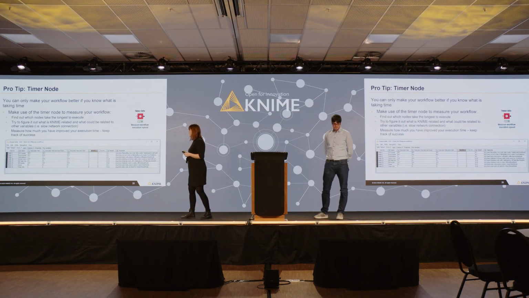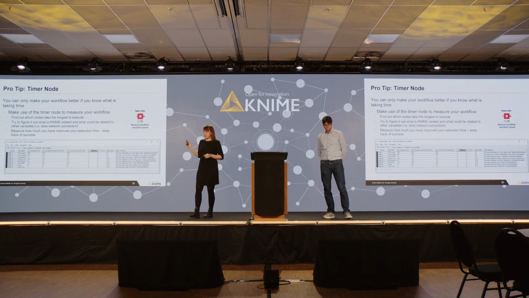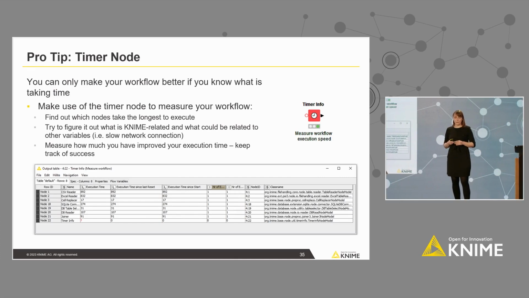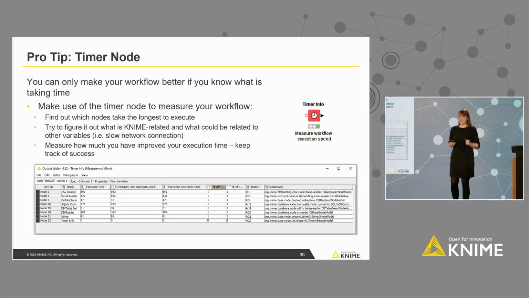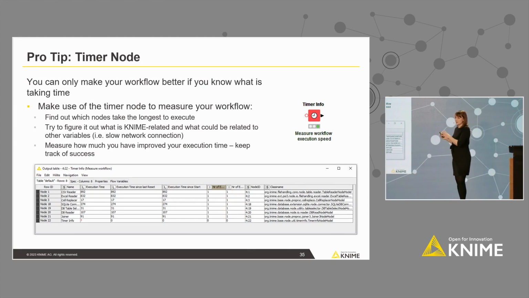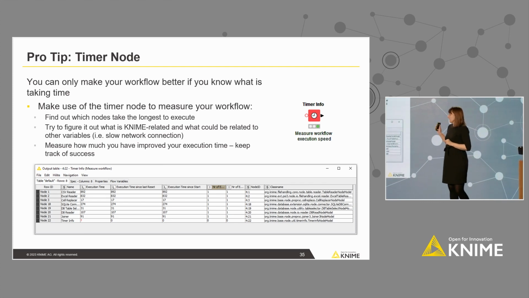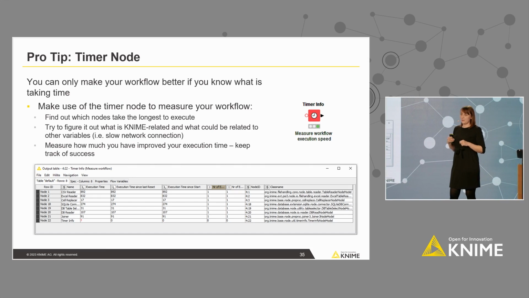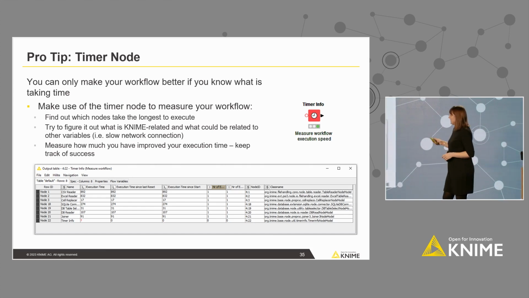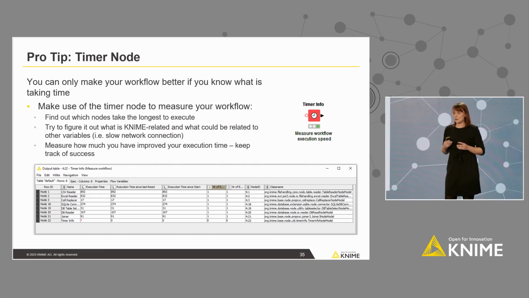Another one. Okay, so let me introduce the timer node. If you haven't seen the node before, it's a node that allows you to keep track of your success. If you want to adapt some of the tips and tricks that we provide today and see whether they really make sense or work, make a copy of your workflow, make the changes, and then add the timer node to the new workflow.